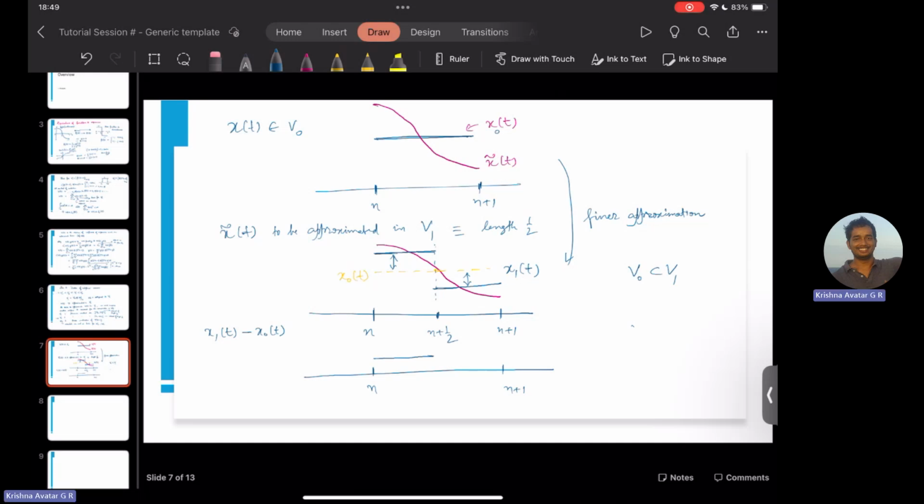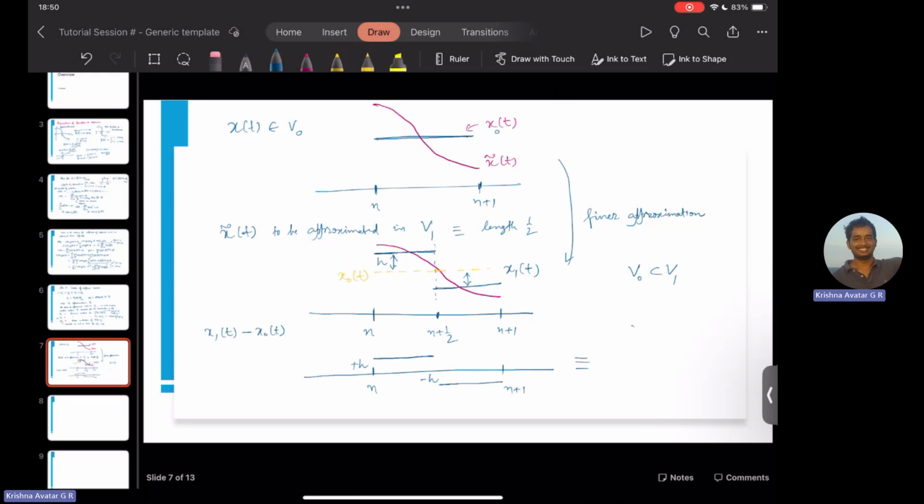So the difference is, of course, going to be higher than that. And likewise, in this case, x1 of t is lower than the mean, which corresponds to x0 of t over this interval. So you'll have a difference which lies below. If the height is h, then this is going to be plus h and this is going to be minus h.